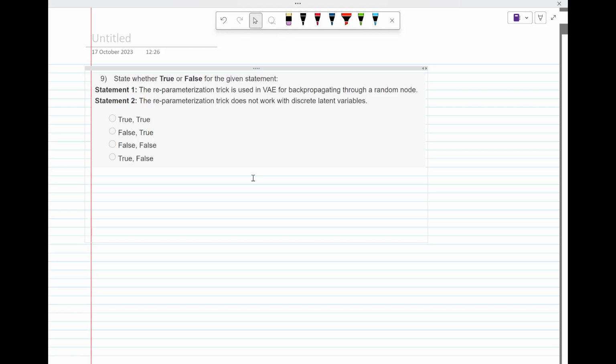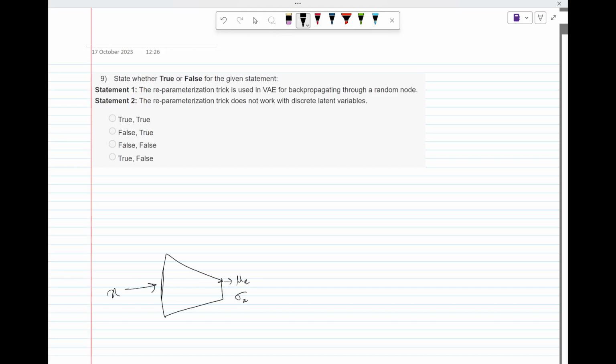So in VAE, you have your encoder, which gives mu x and sigma x for some x. For the decoder, you sample z from normal(mu x, sigma x) and give the z to the decoder, and it gives you some y.